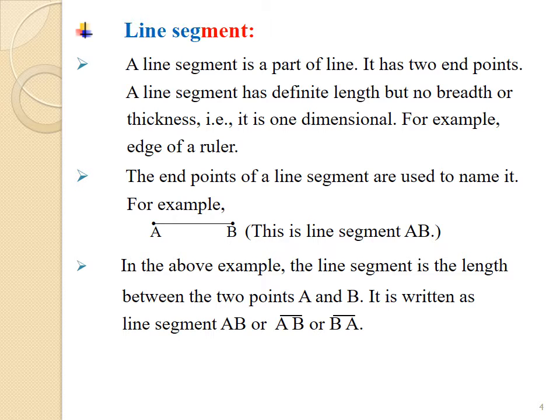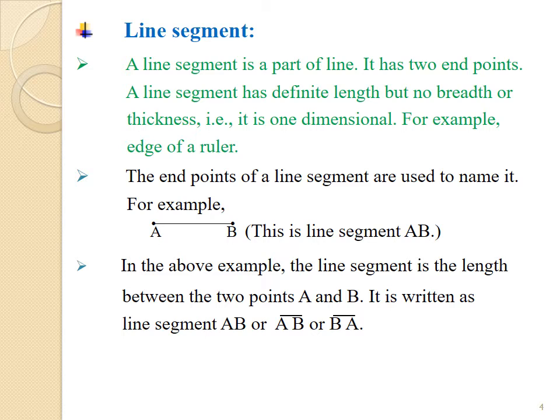Line segment. A line segment is a part of a line. It has two endpoints. A line segment has definite length but no breadth or thickness. That is, it is one-dimensional. For example, the edge of a ruler.